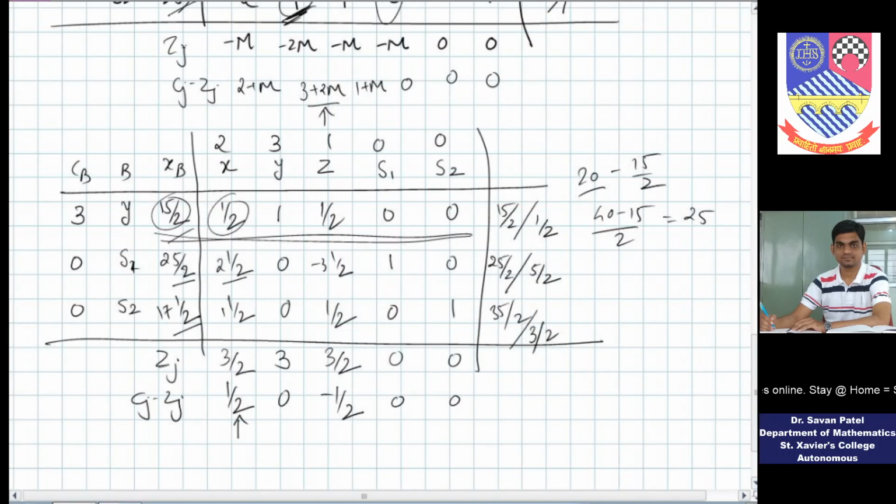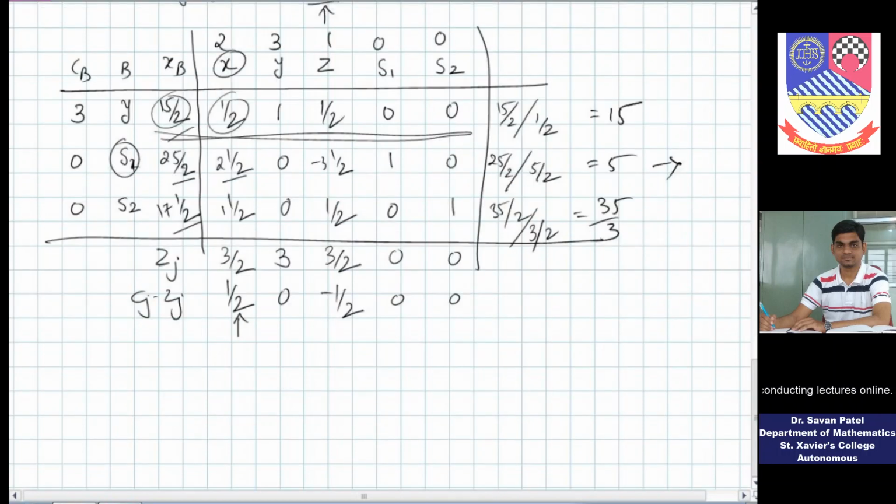So these values will be 15, then 25 by 5, so 5, and this is 35 by 3. So the minimum value is this 5. So the corresponding variable S1 will leave the basis and x will enter the basis.